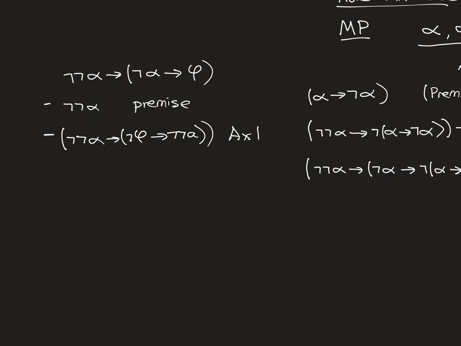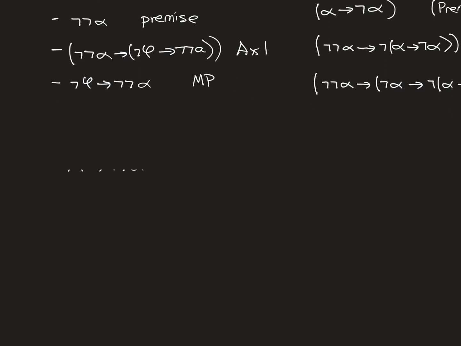So we have our premise here. We have this premise appearing in the antecedents of this implication here. So by modus ponens, we then have not phi implies not alpha. That's by modus ponens. And now we're going to use axiom 3.